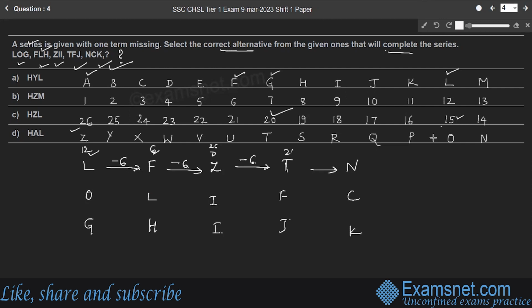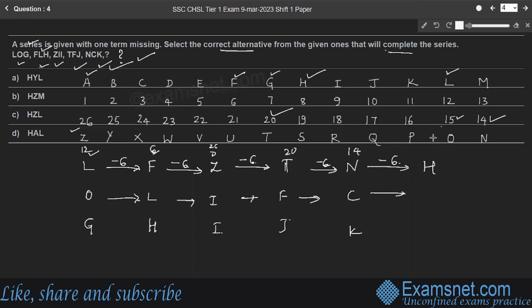T is 20. 20 minus 6 is 14, which is nothing but N. Similarly, in the last letter cluster that we need to find here, N is 14. 14 minus 6 is 8. 8 is nothing but H. Consider the second letters: O, L, I, F, C, and at last.